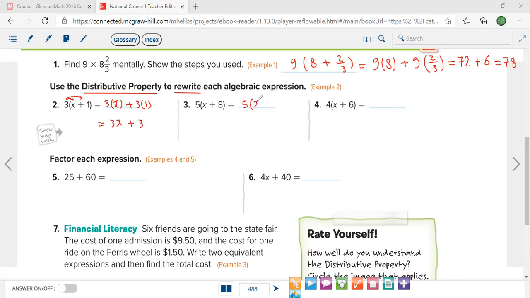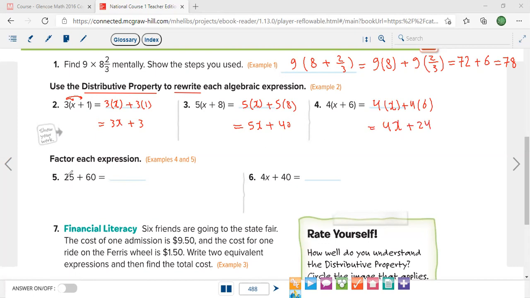Here 5 parentheses x plus 5 parentheses 8. So this will be 5x plus 40. Here 4 parentheses x plus 4 parentheses 6. So this will be 4x plus 24.